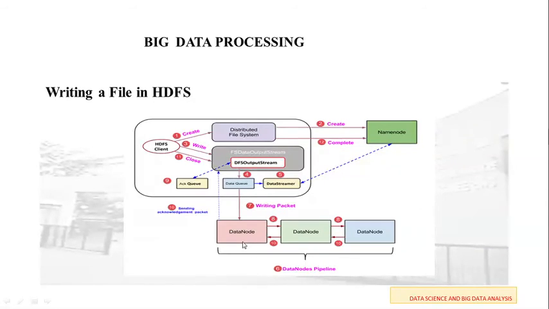That is 3, data node 1, 2 and 3. After the completion of step number 5, the data streamer pours the packet into the first data node in the pipeline. So actual data will be written into the particular data node.